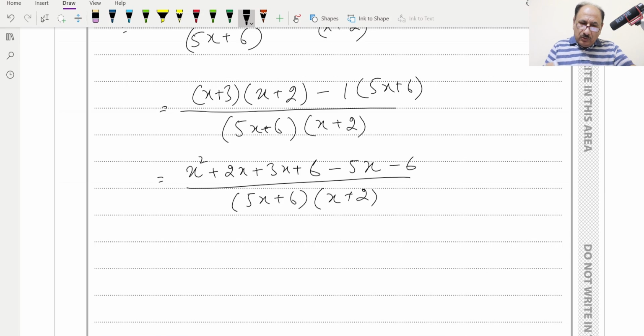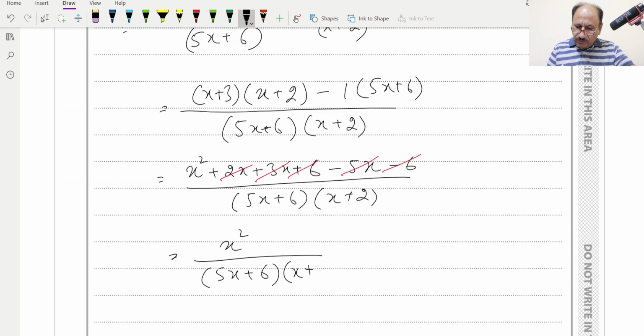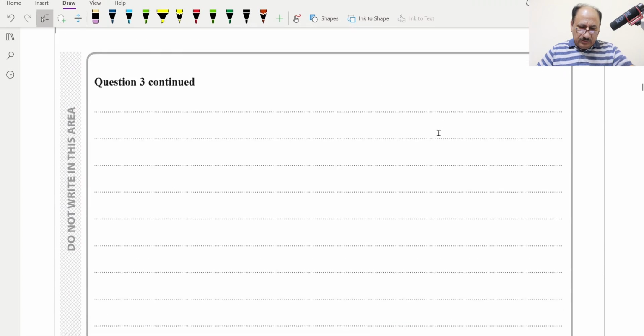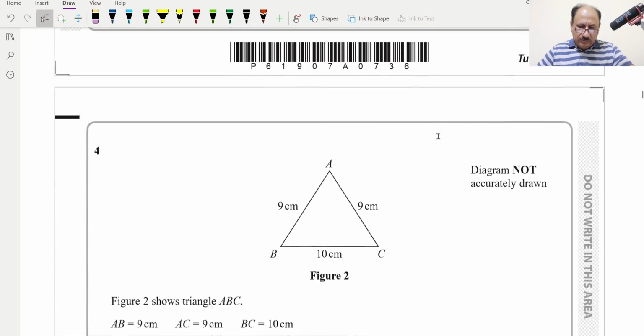Now the 5x will cancel with the minus 5x, and plus 6 will cancel with minus 6, and the remaining term will be x squared over (5x plus 6)(x plus 2). This is the single fraction which we are looking for, and this is done.